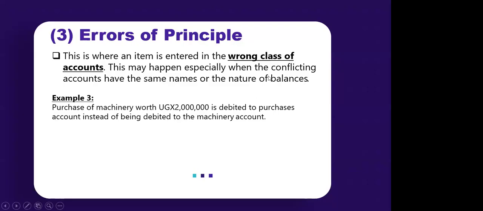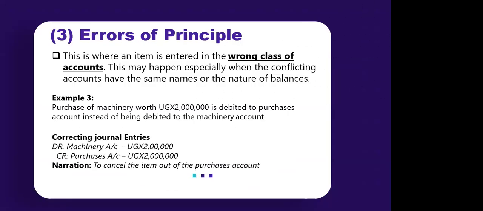It was the wrong class of account, but remember the purchases and the assets account, they all have a debit balance. So it will not affect your trial balance. What you need to do is to take back the amount to the rightful account. And you see the journal entries there.